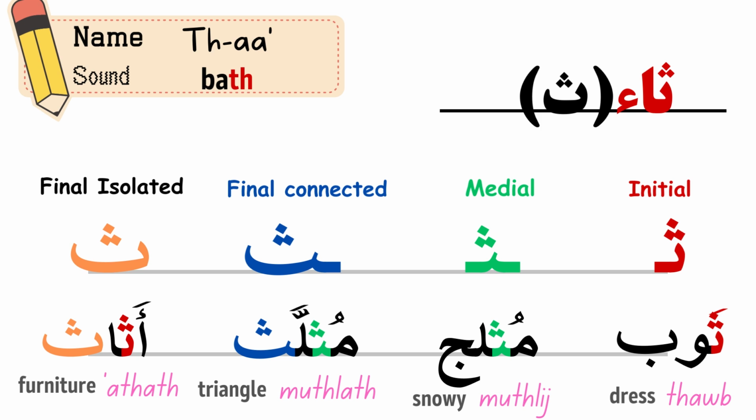And word أثاث shows the final form isolated of the ثاء and also the initial form of the ثاء, because the alif doesn't connect with what comes after. So we use the initial form of the ثاء.